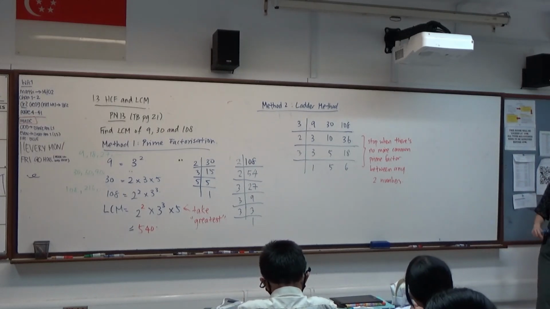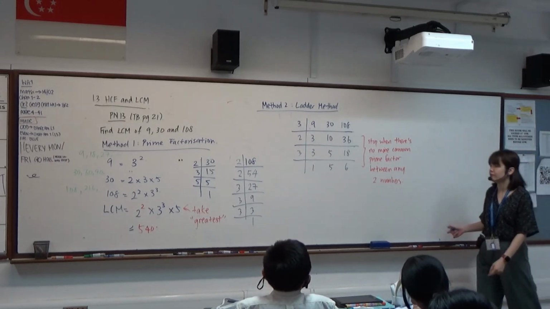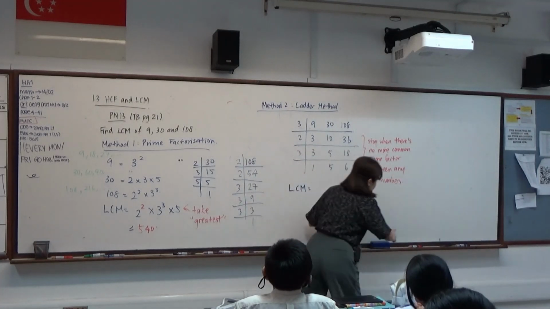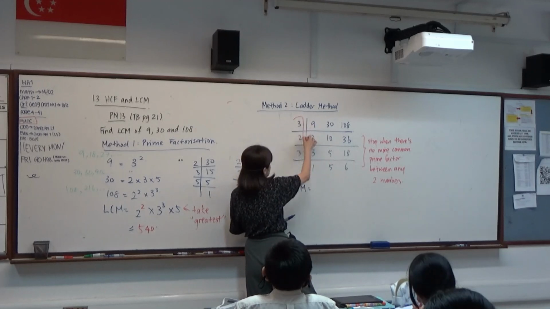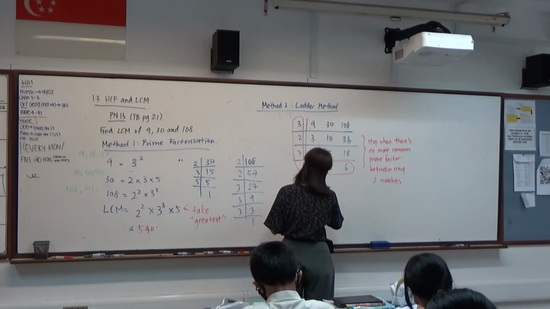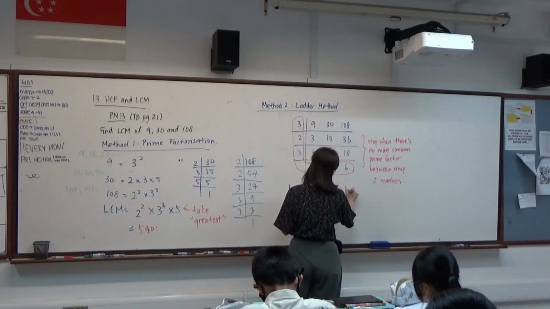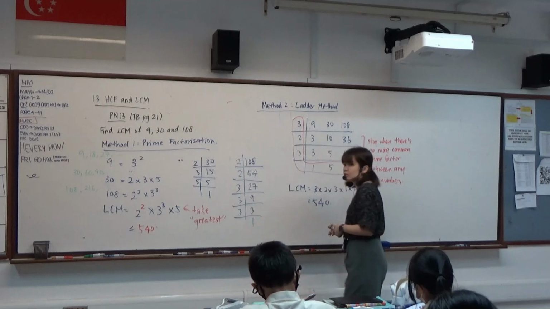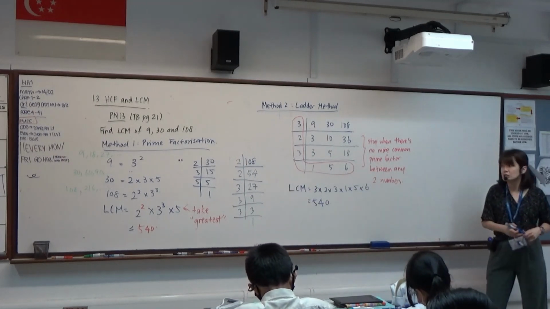Similar to when we were dealing with the 2 numbers for LCM, you will go in an L shape still. Hence we have 3 times 2 times 3 times 1 times 5 times 6. The answer comes out to be 540.